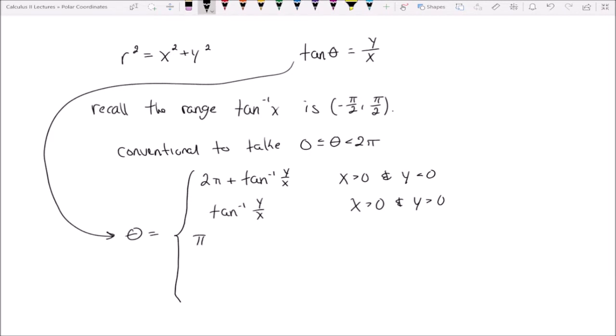We get pi plus the inverse tangent of y over x whenever x is less than 0, in other words, if we're in the second or third quadrants. We get pi over 2 for x being 0 and y being larger than 0, and we get 3 pi over 2 if x is 0 and y is less than 0. And up here, these really should have been greater than or equal to.